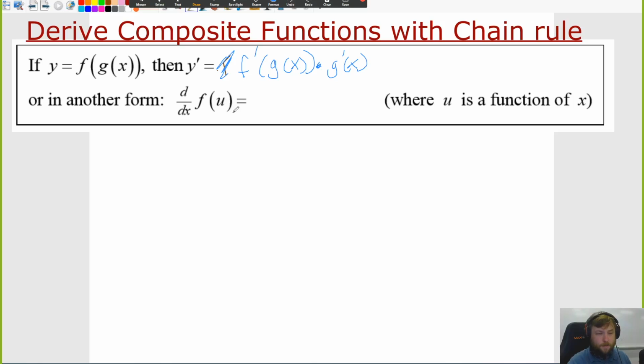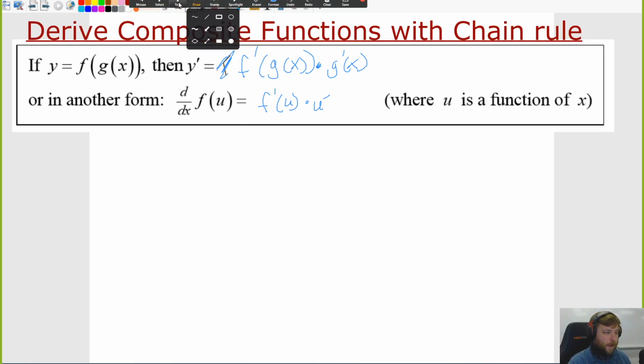Now, I've also seen this in another form. This is typically what I would write. Another way I've seen this is if its derivative is written this way: f prime of u times u prime, where u is the inside function. I don't know what you've seen before, but both ways are correct.